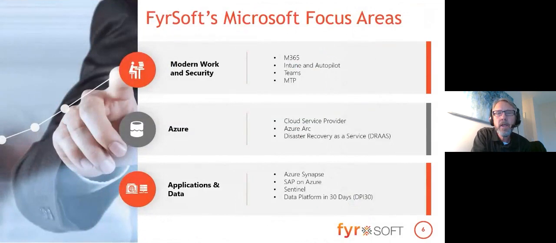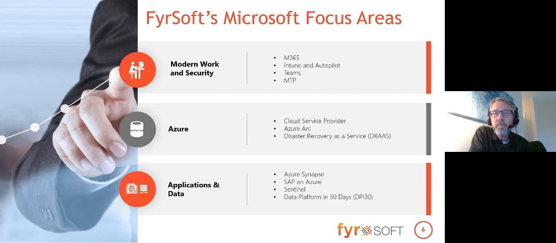Next slide. So, as to our Microsoft focus areas, we organize our work and our skill sets internally into three major stacks. The modern work and security stack, where we're working with M365, Intune, and Autopilot, managing those edge device points and helping companies get up on Teams.